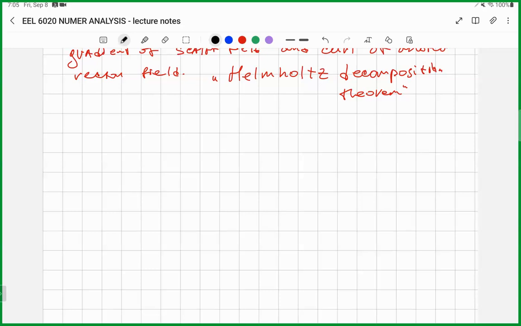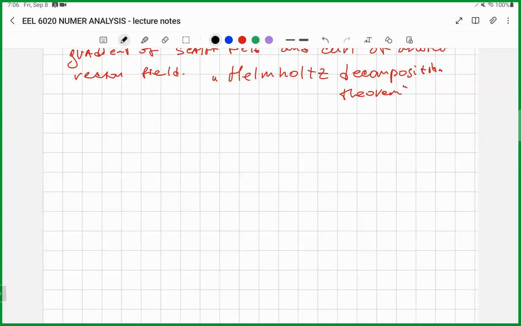And for your midterm exam and your final exam, you will be able to use your class notes or maybe my lecture notes. So no worries about that.